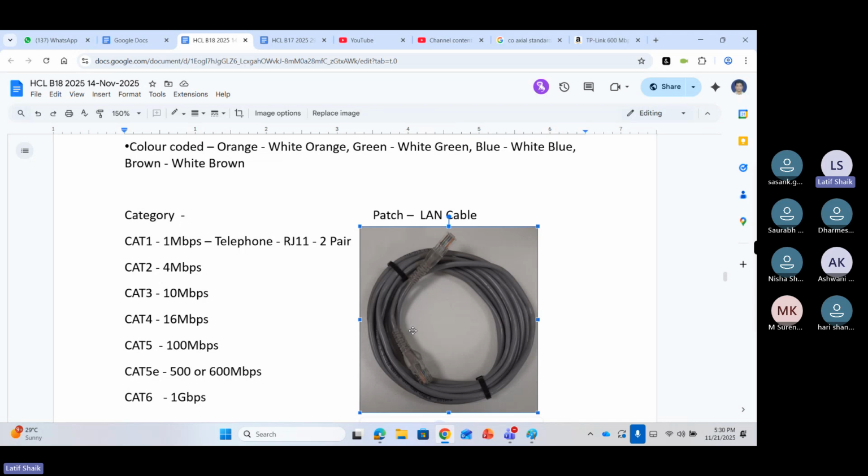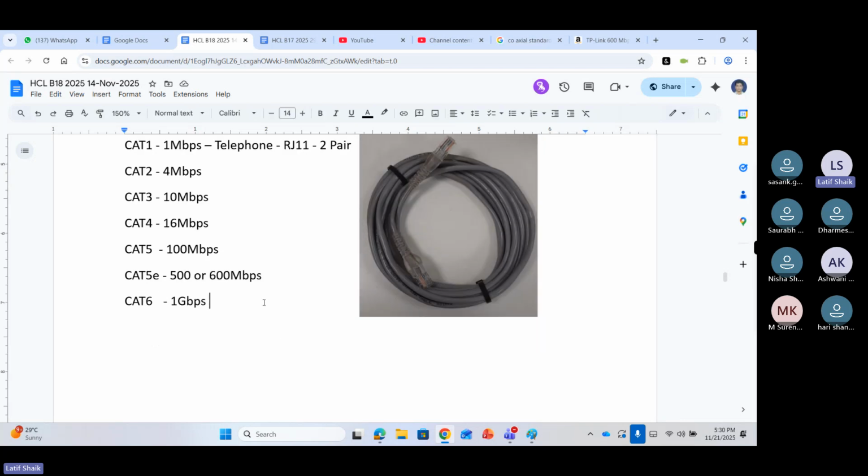I've taken these details from standard textbooks only. Guys, if you search on Google, you may get different speeds, but I've taken it from textbooks. But remember one thing: Cat 6 supports 1 Gbps data transmission speed. Cat 5e is 500 to 600 Mbps. Cat 5 is 100 Mbps only.